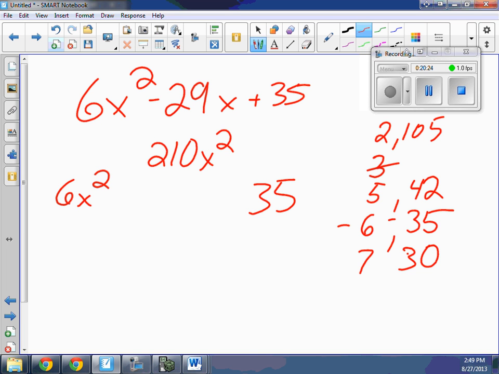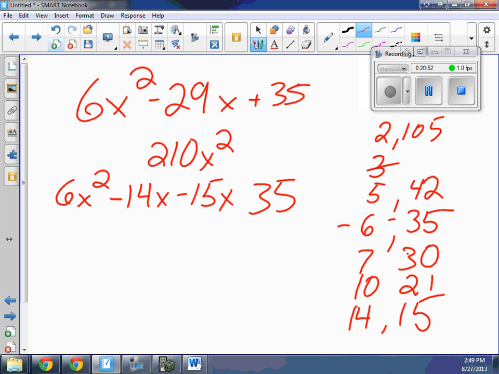So 9. 9 doesn't work. 10 and 21. 11. 12 doesn't work. 13. 14. I hope that's it. 14 and 15. There we go. Okay, let's do it the correct way. Minus 14x minus 15x plus 35.